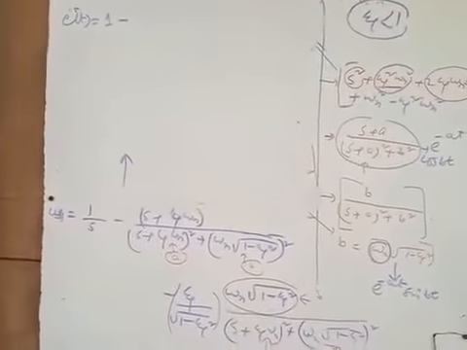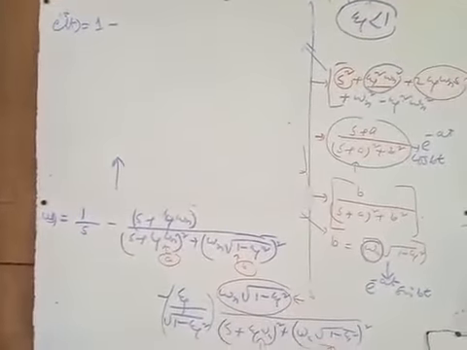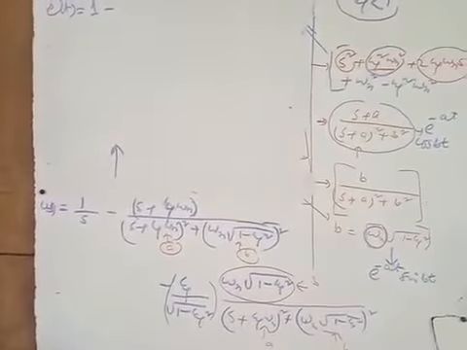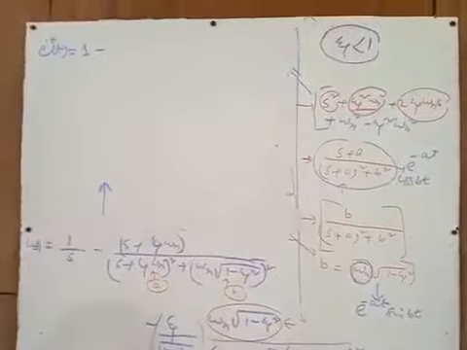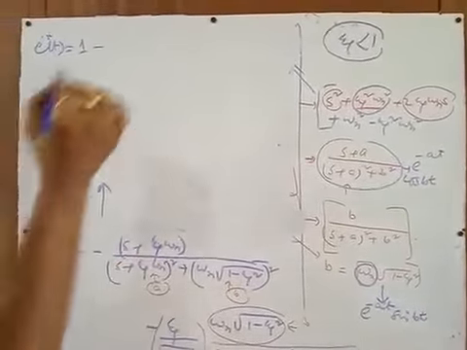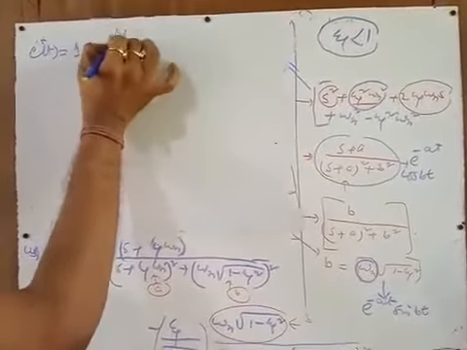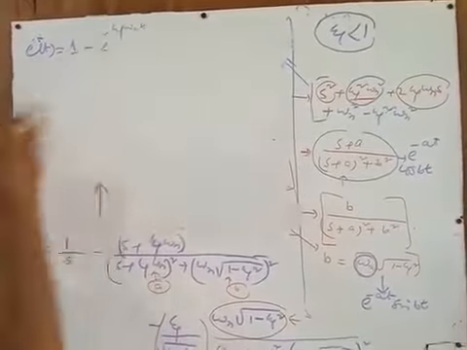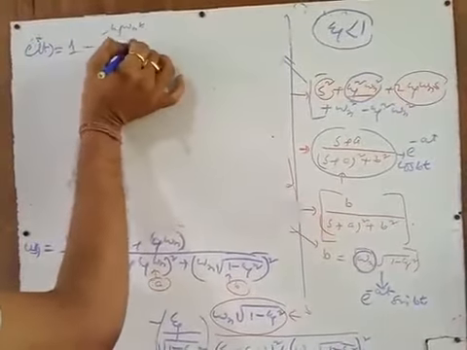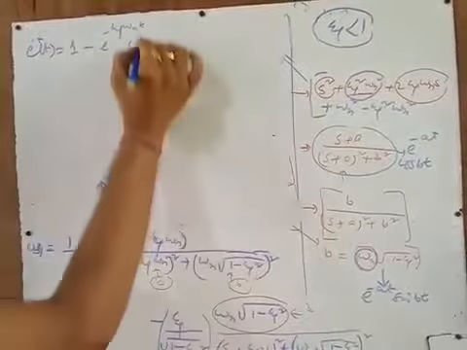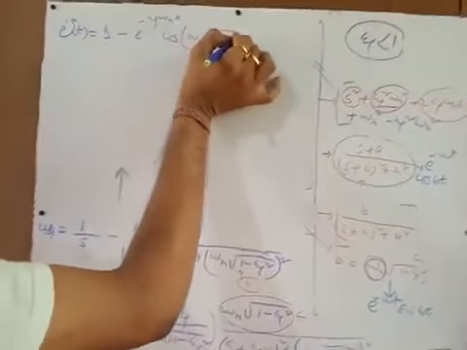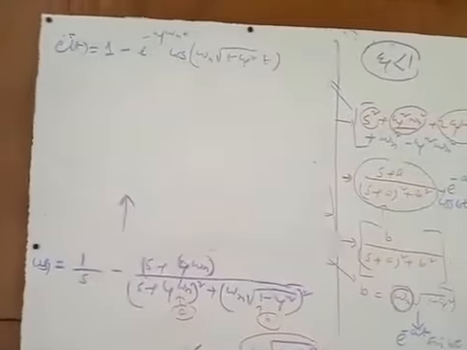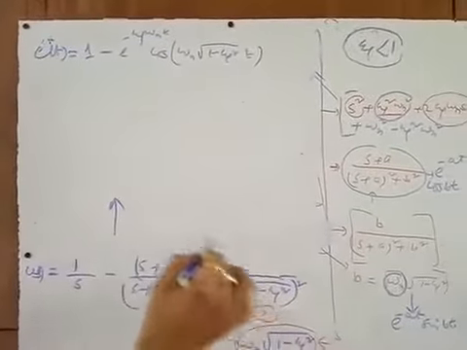So once you get these terms, from this term, this is your a. So e to the power minus xi omega n t cos of omega n root over 1 minus xi square t. This is the inverse Laplace transform of this part.